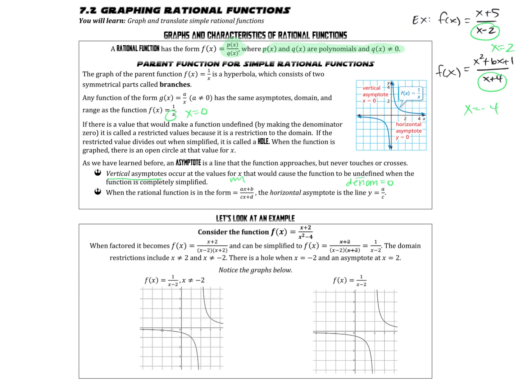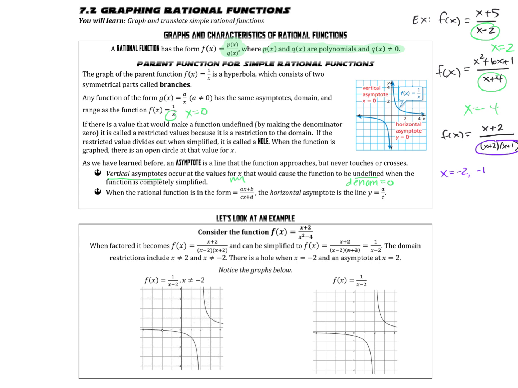But what would happen if we had a function where the numerator and the denominator had a term in common? What would happen if we had x plus 2 over x plus 2 times x plus 1? If I asked you what two x values would make the denominator 0, hopefully you would be able to tell me that it would be 0 if x is equal to negative 2, and it would be 0 if x is equal to negative 1.